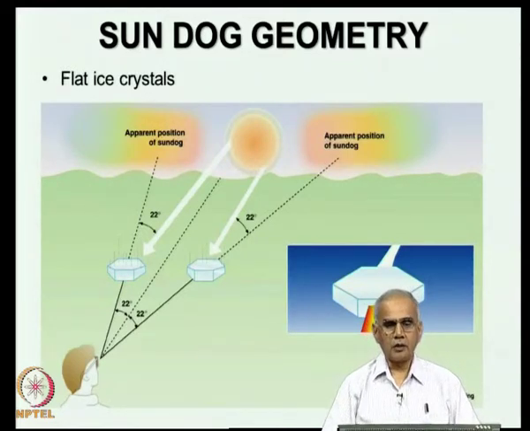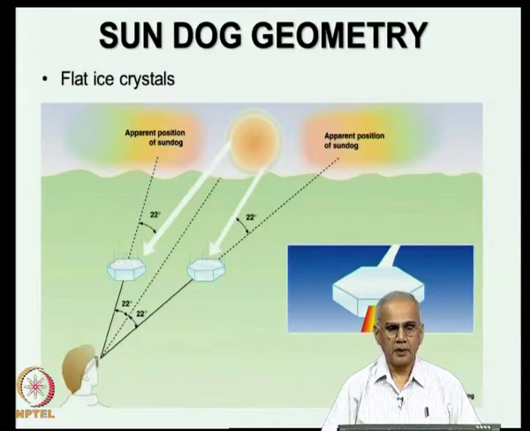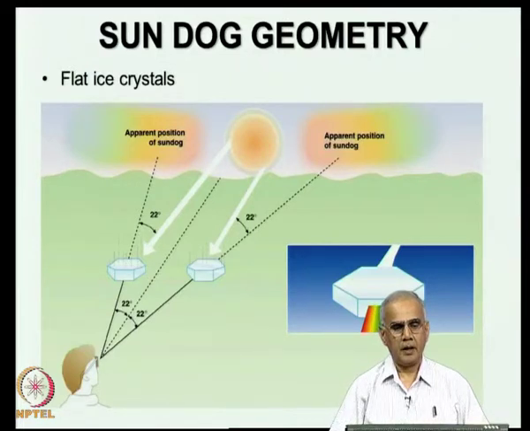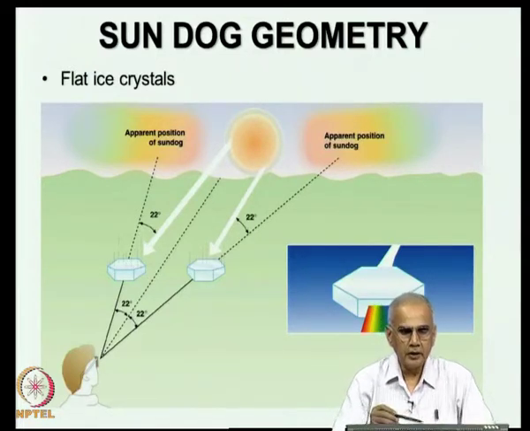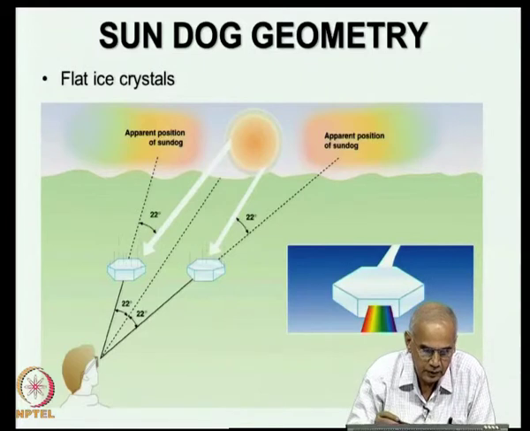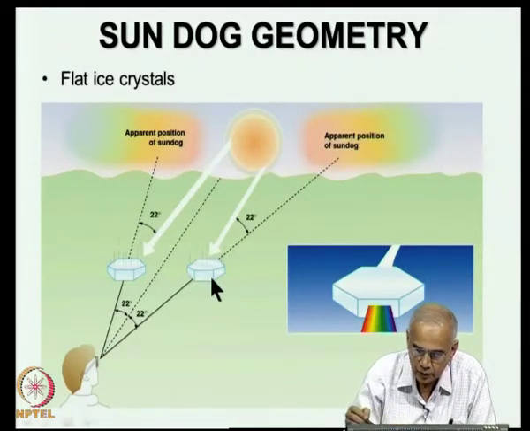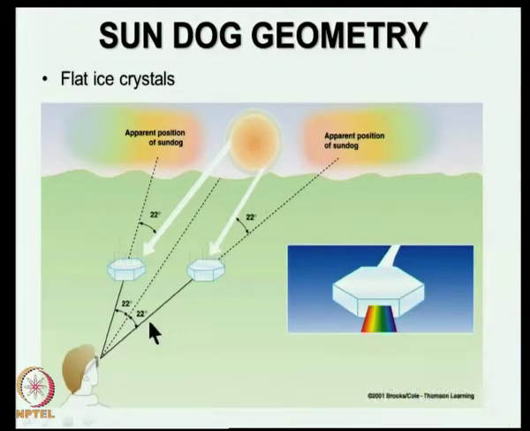Now, the sun dog is caused by refraction by flat ice crystals, and it is really the two edges of the sun which are refracted through the crystal as shown here, and your eye, when it extrapolates backwards, it sees the sun dog appearing on either side of the sun.